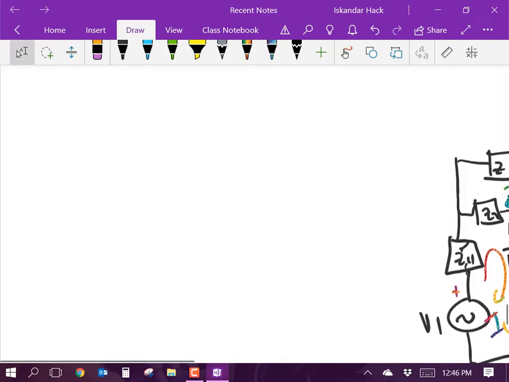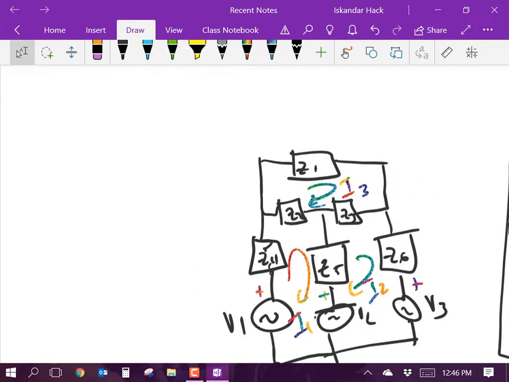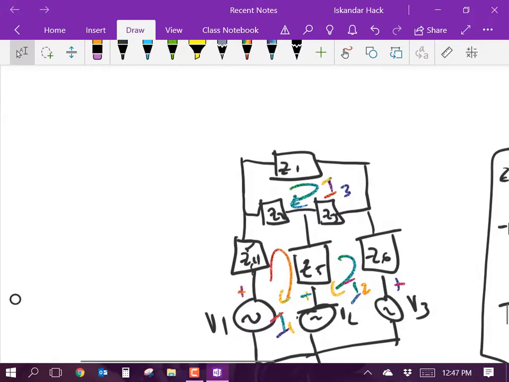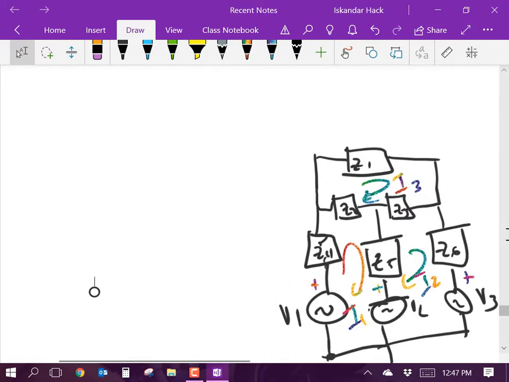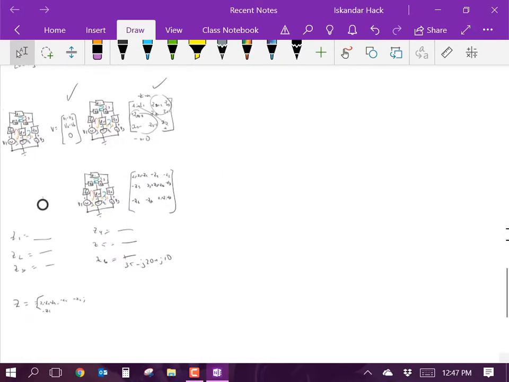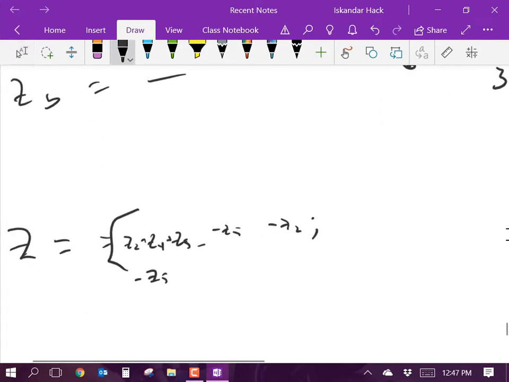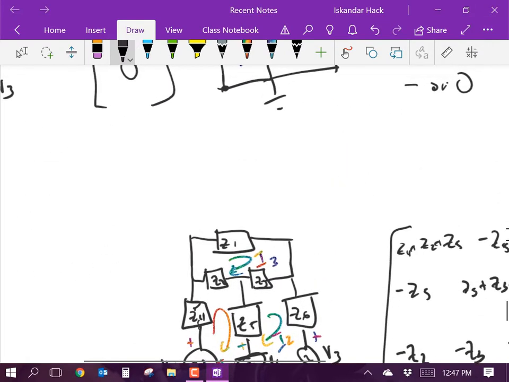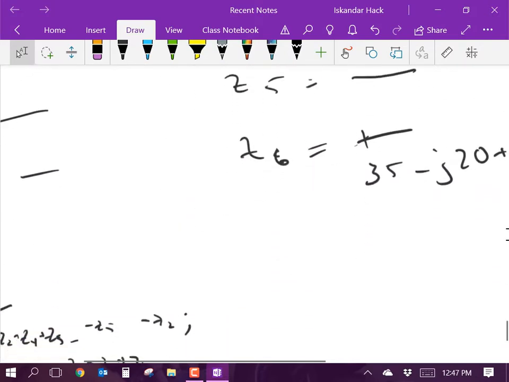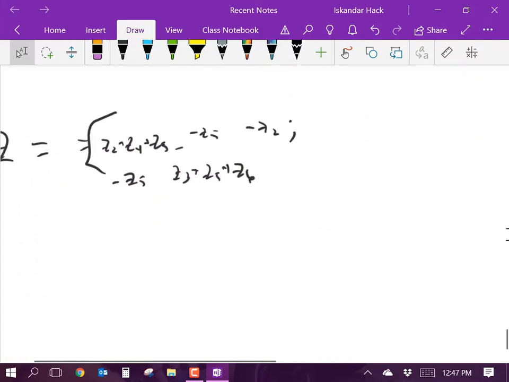And this is Z3 plus Z5 plus Z6, space, minus Z3, semicolon.